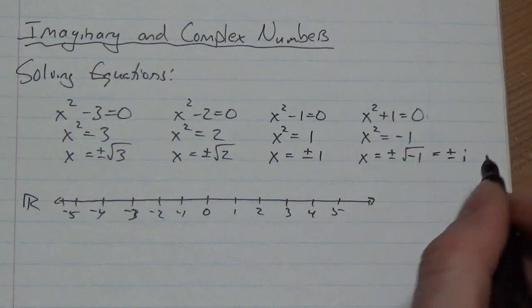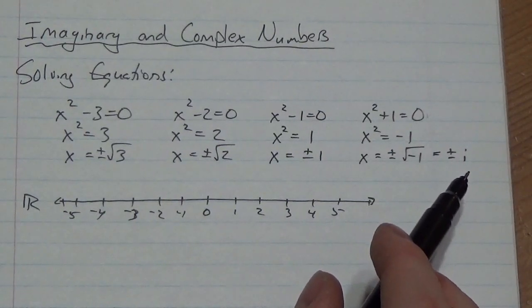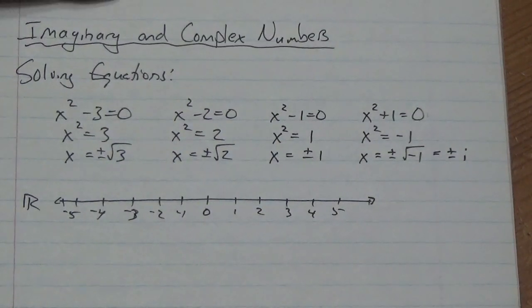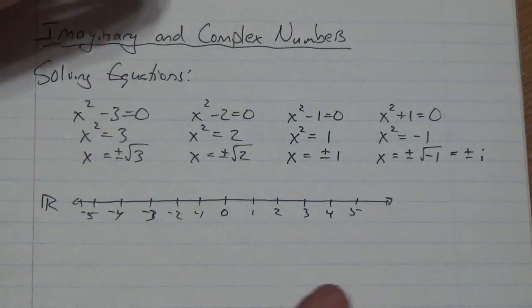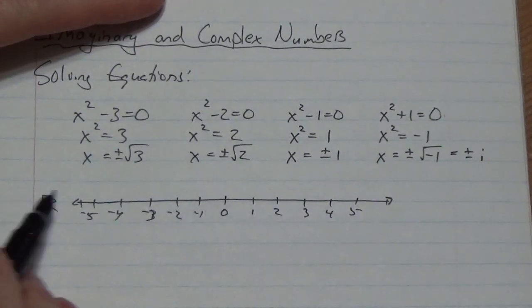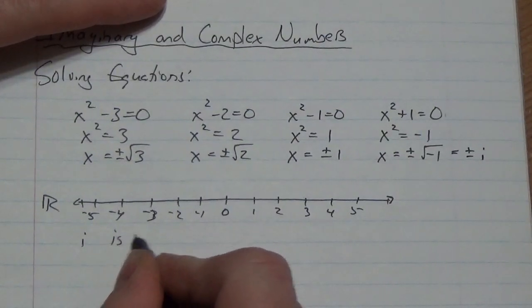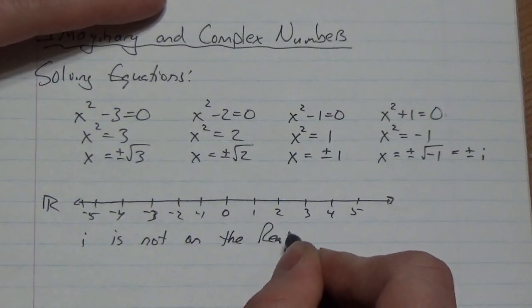So this would be plus or minus i, and it's generally accepted to mean it's an imaginary number. Now please don't get confused by that. It's real in the sense that it is a value. It's imaginary in the sense that it doesn't show up on the quote-unquote real number line. i is not on the real number line.